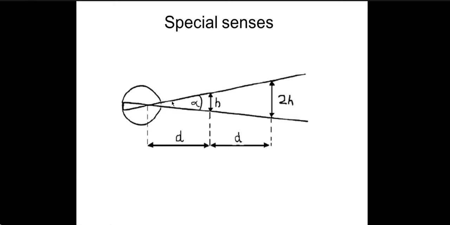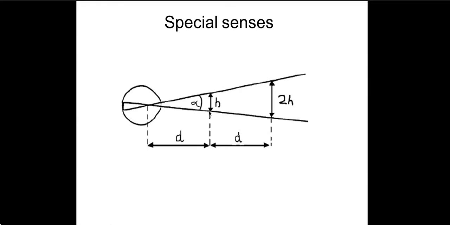And if there is a 5-degree angle at the nodal point, we can see. For that, if the object is nearer to the eye, the height of the object should be smaller, and if it is far away from the eye, the height will be bigger. But in both cases, the angle is 5 degrees.